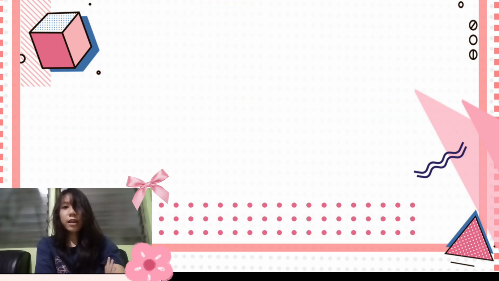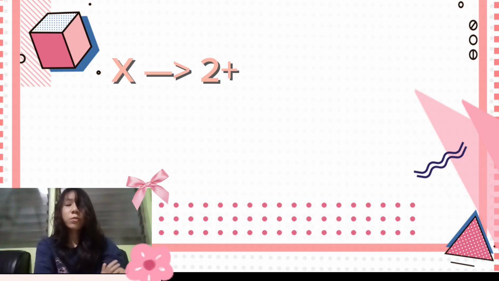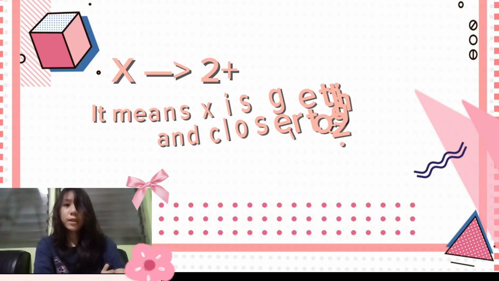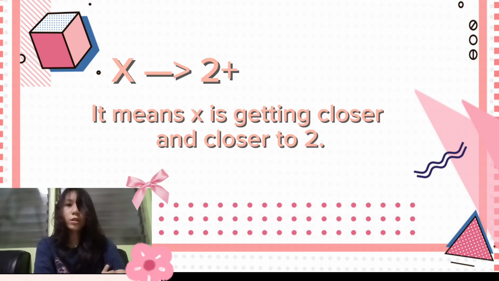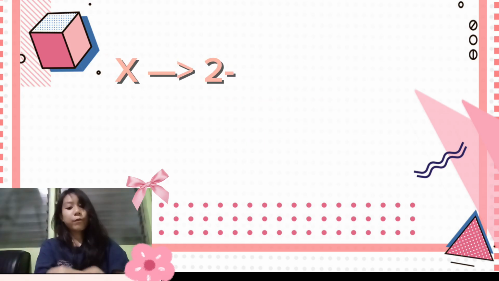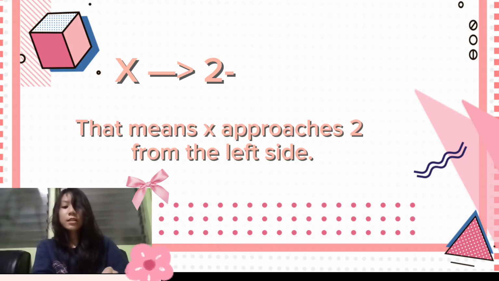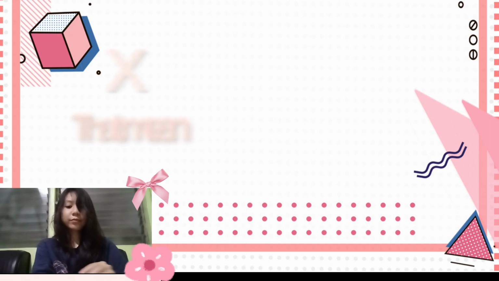If we write x approaches positive 2, it means x is getting closer and closer to 2. If we write x approaches negative 2, it means x approaches from the left side.